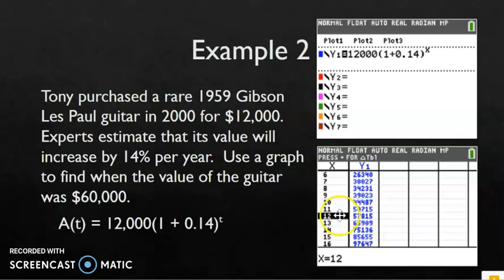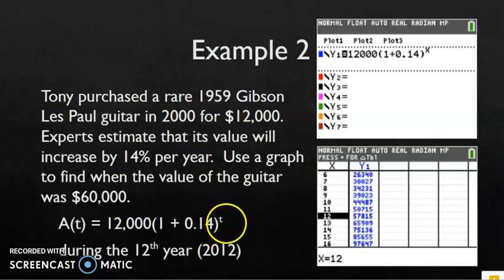So it's somewhere in between 12 and 13. So we know that the guitar will have a value of $60,000 during the 12th year, or during the year 2012. So my answer for this question would include both the function and my conclusion that it would be during the 12th year, which is during 2012.